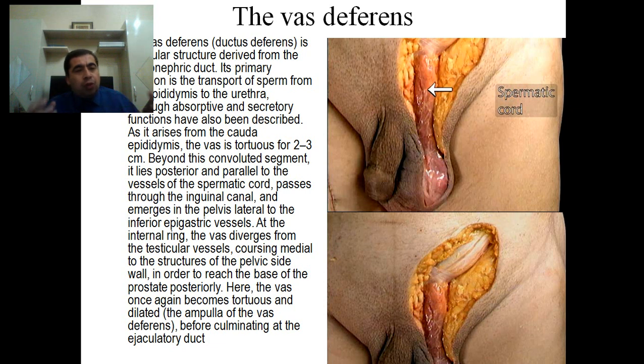It's not just a tube, because the spermatocytes which are produced within the testis are much more by the number, but they are non-active structures, and for activation they need the other fluids.